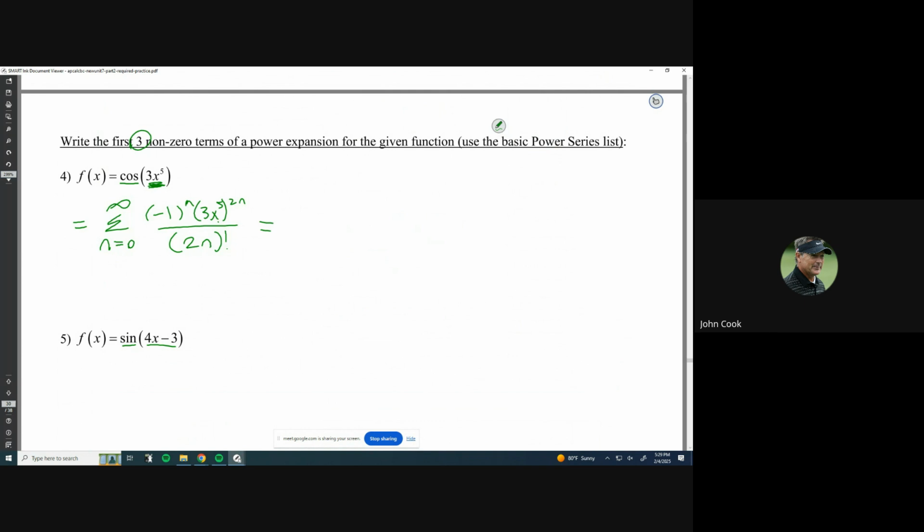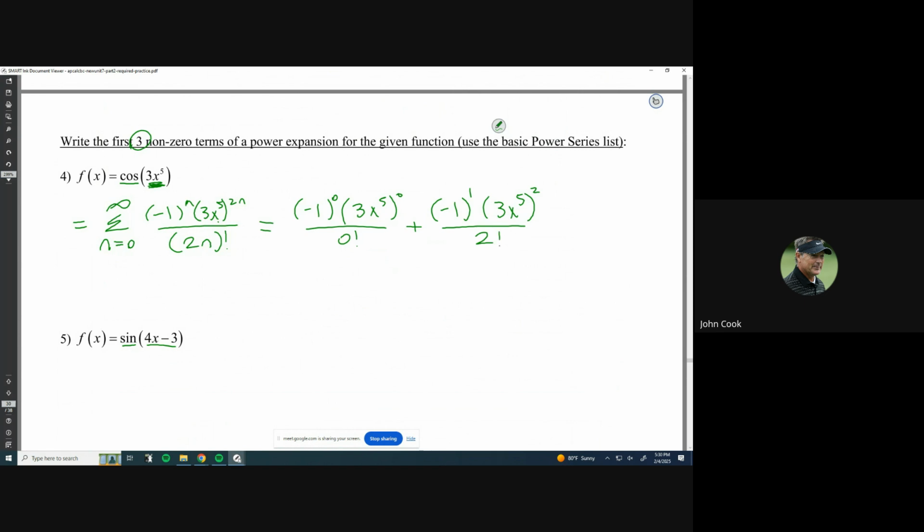So let's plug in 0 for n first. So we get negative 1 to the 0 power, 3x to the 5th to the 0 power again, over 0 factorial, plus, and then the next term, if I plug in 1, I get negative 1 to the first power, 3x to the 5th power, to the 2 times 1, which is 2, over 2 factorial.